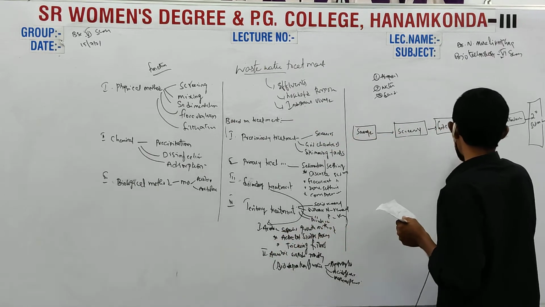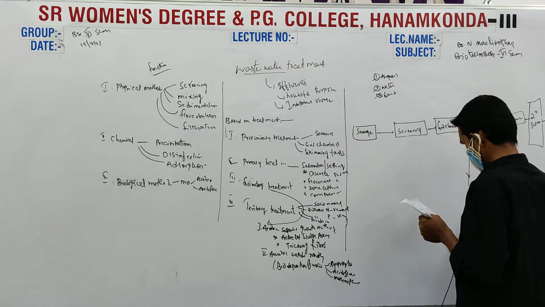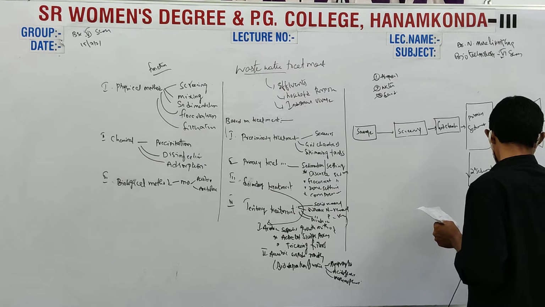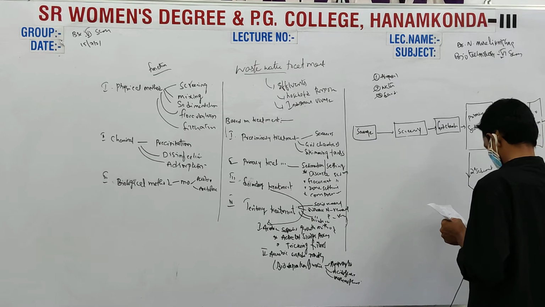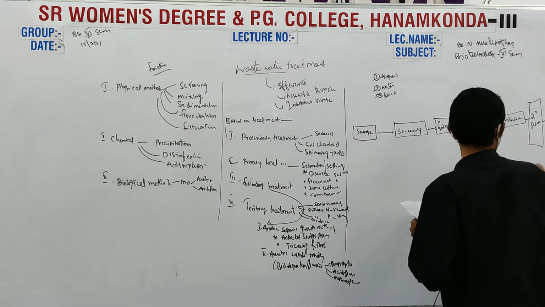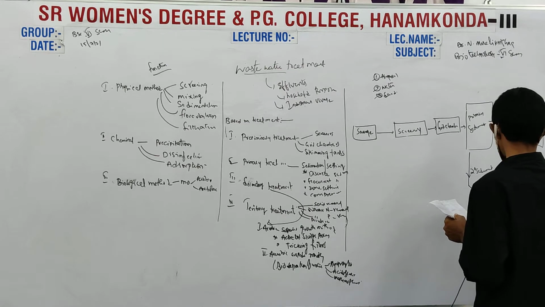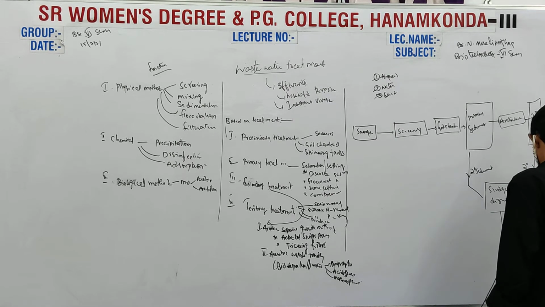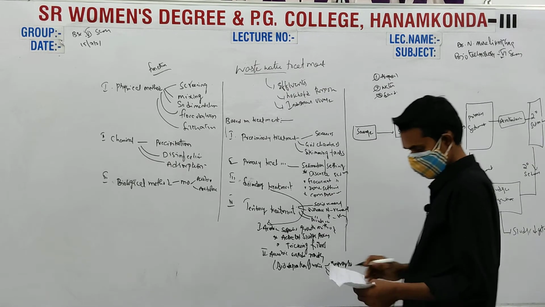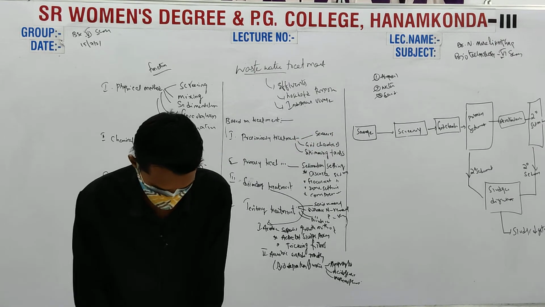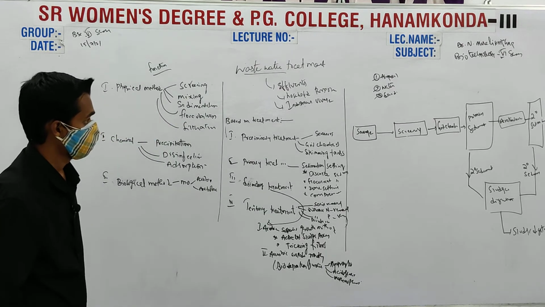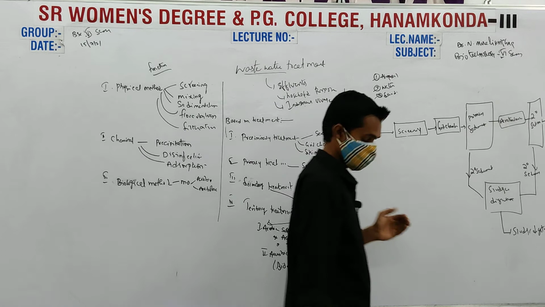The effluent from primary sedimentation goes to secondary sedimentation, and the sludge is sent to sludge digestion.